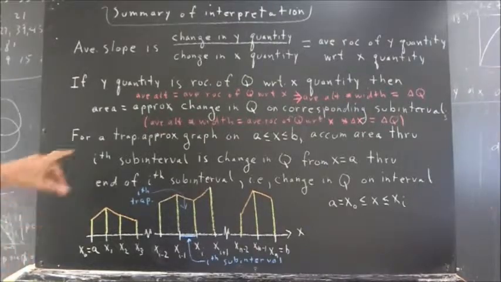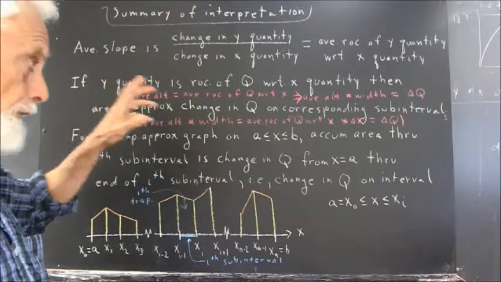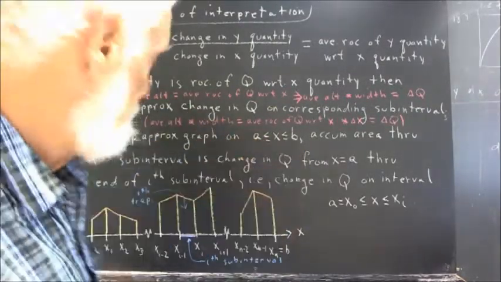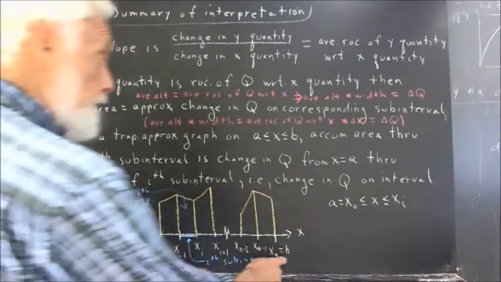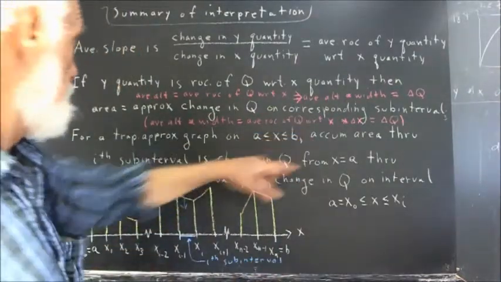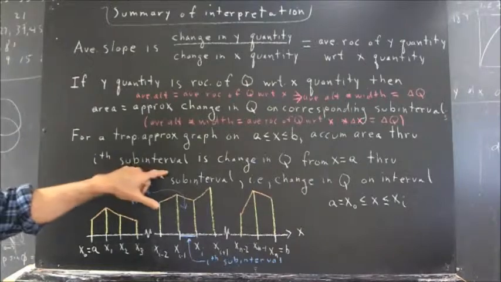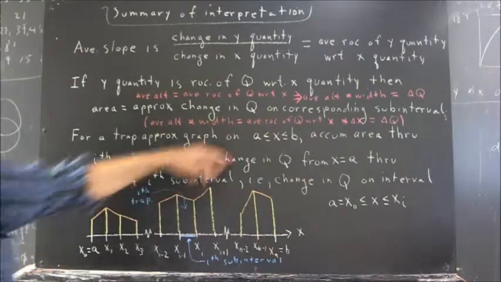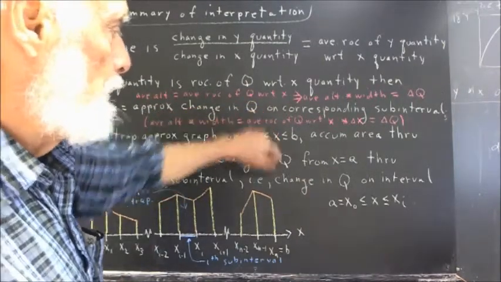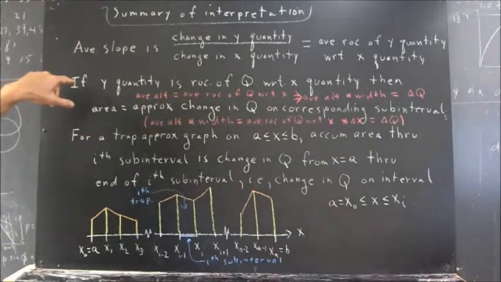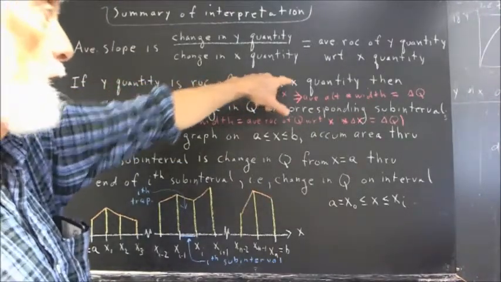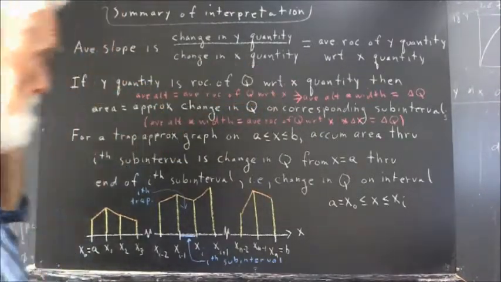And then for a trapezoidal approximation graph on an interval from a to b, like the one represented here, the accumulated area through the ith subinterval is the change in the quantity q, and we're still assuming that y is the rate of change of q with respect to x.